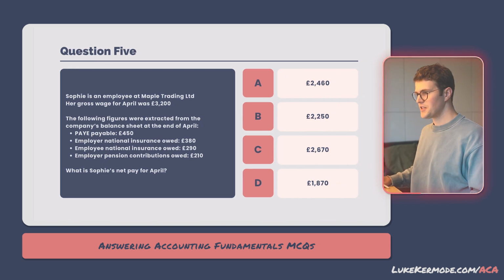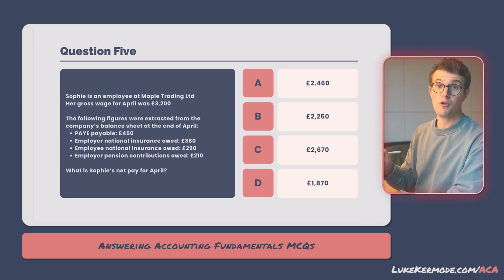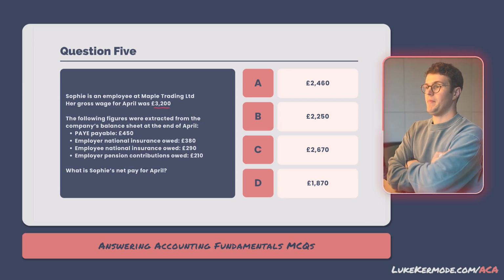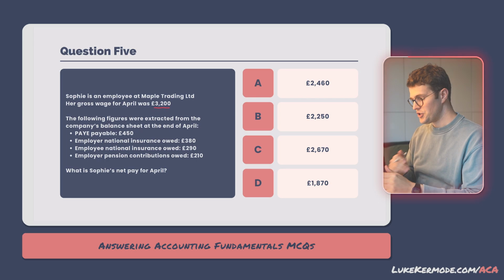Cool. Next up, we have a question about the calculation of net pay. So we're told that Sophie is an employee at Maple Trading Limited, and her gross wage for the month of April was £3,200. And we're given the following figures, which were extracted from the company's balance sheet at the end of April.